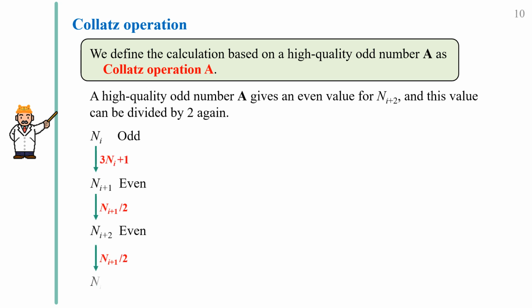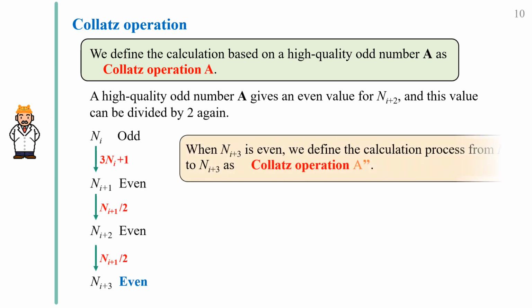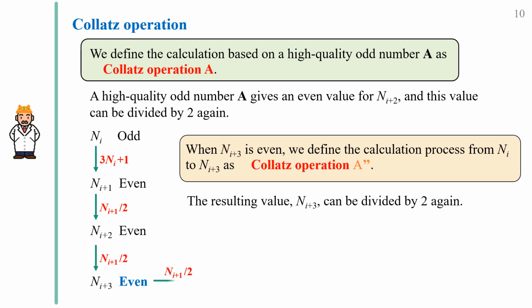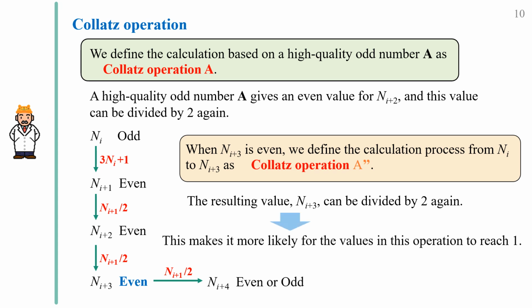On the other hand, when n_{i+3} is even, we define the calculation process from n_i to n_{i+3} as Collatz operation a double prime. The resulting value, n_{i+3}, can be divided by 2 again. This makes it more likely for the values in this operation to reach 1.